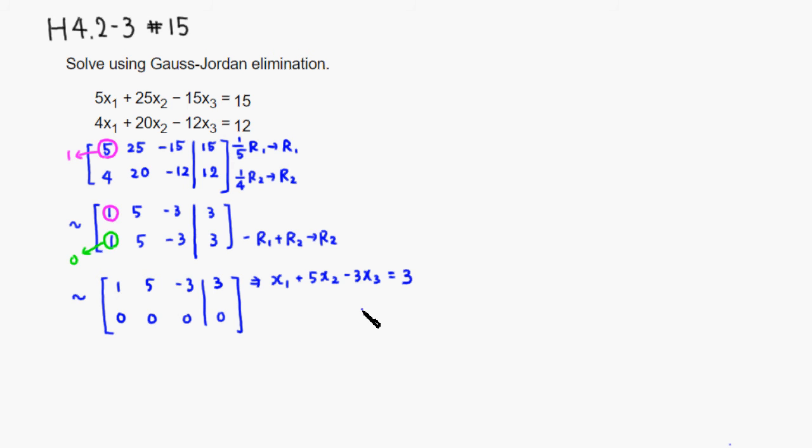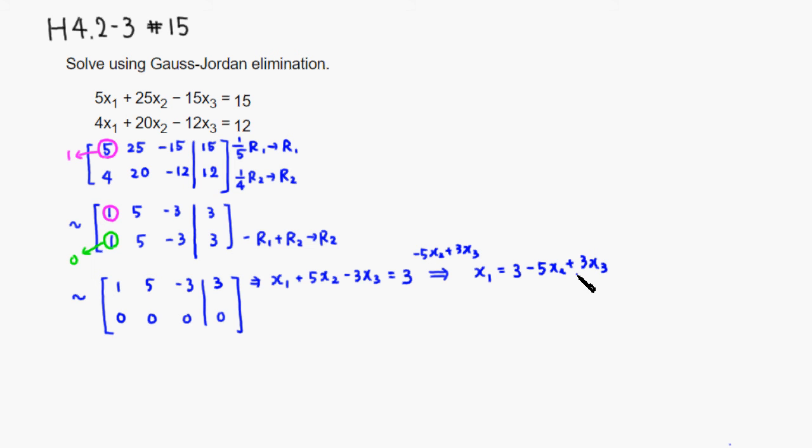I would like to isolate x1, so I'm going to subtract 5x2 and also add 3x3, which gives us x1 is equal to 3 minus 5x2 plus 3x3.